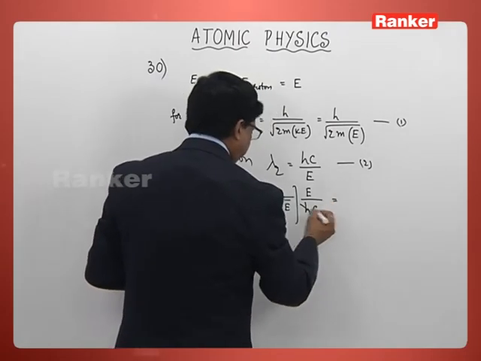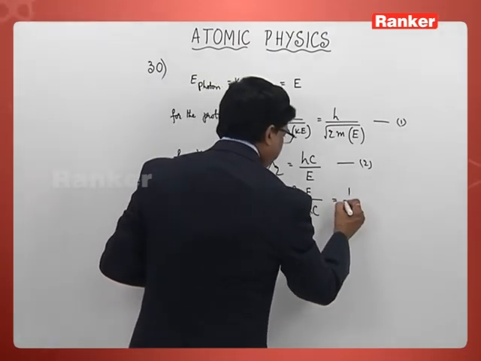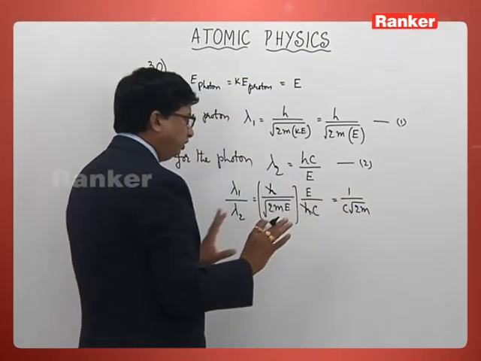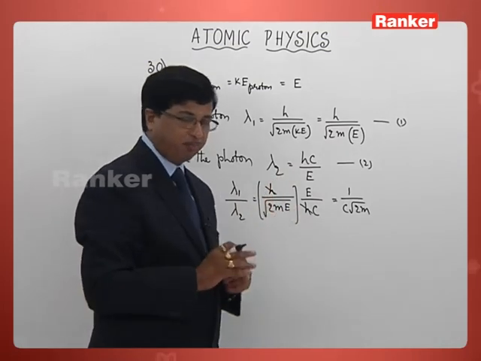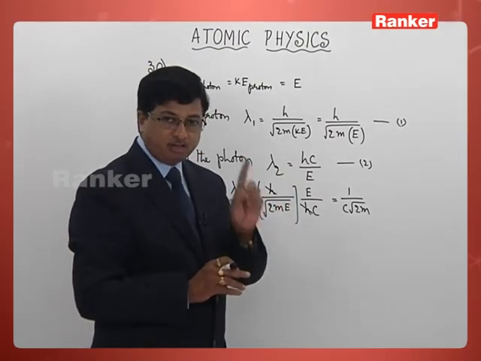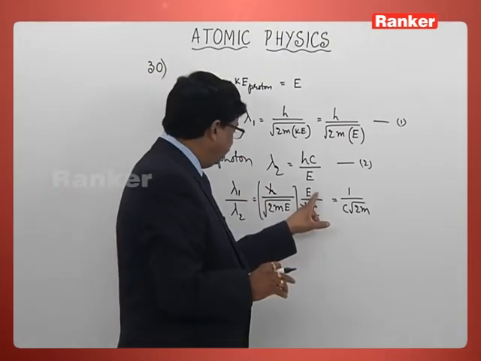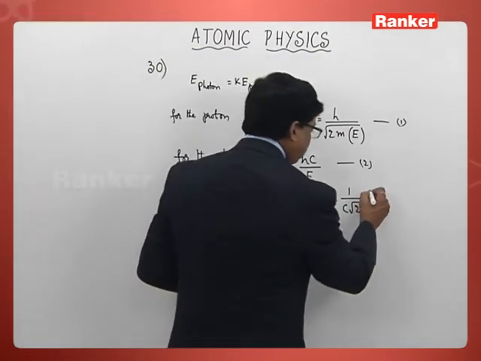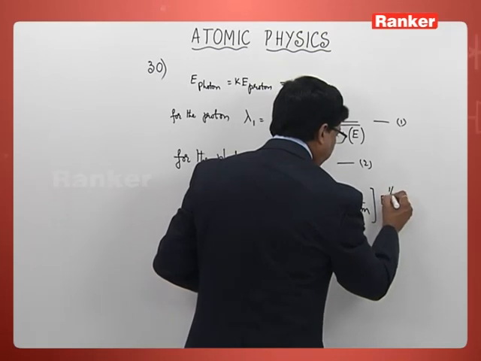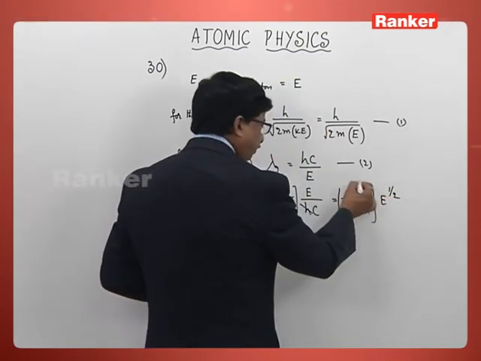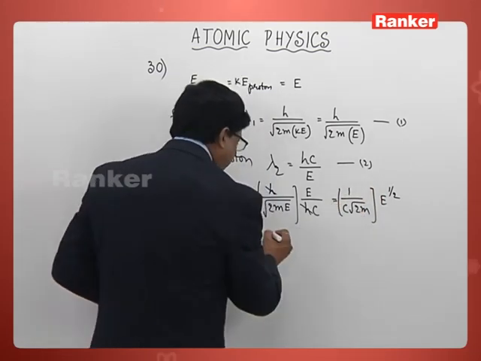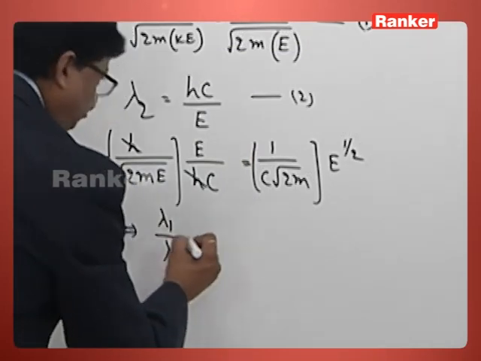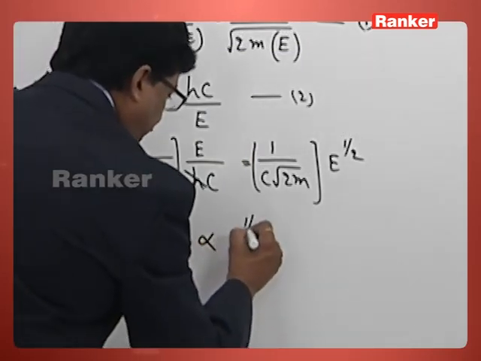If I take 1 by c root 2m, you keep these things as they are because we don't need them at all in our problem. Only the relation with energy he is asking. So this is E, this is E power half. If it comes to the numerator, automatically you will be getting E power half. So if I just take this as a constant, then can't I just write lambda 1 by lambda 2 is directly proportional to E to the power half now?